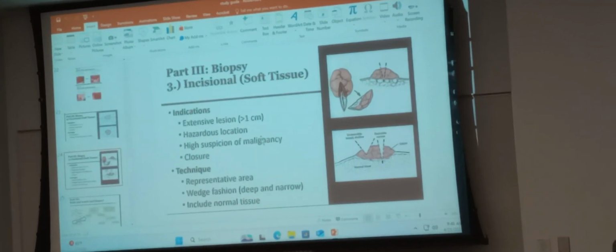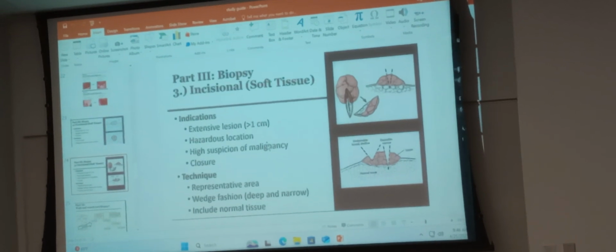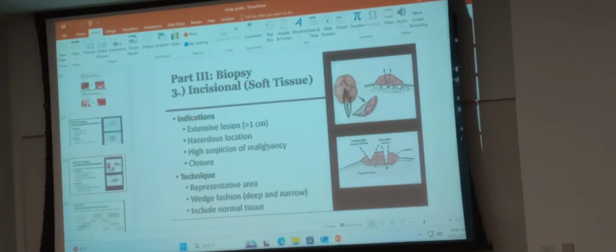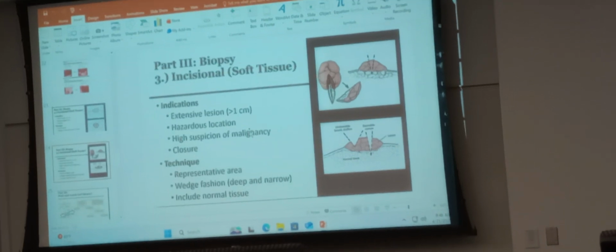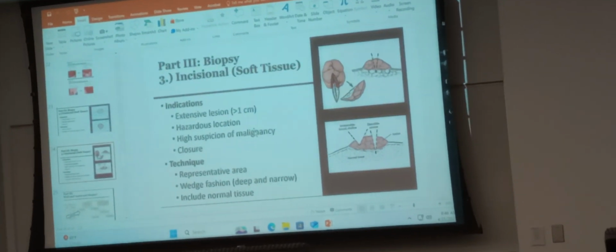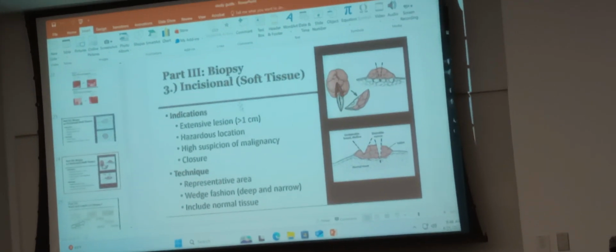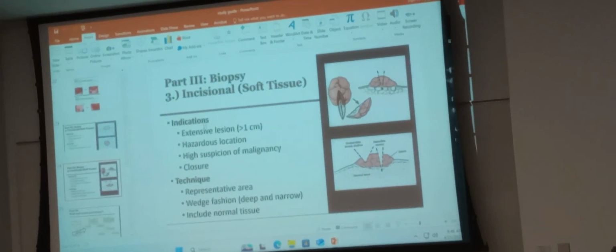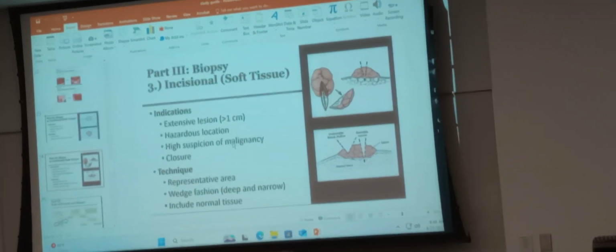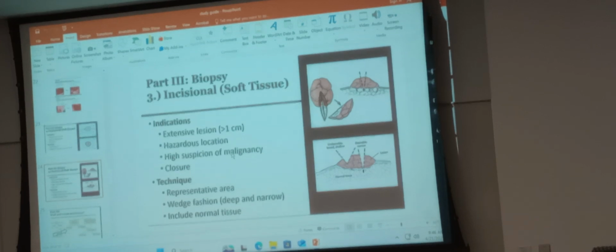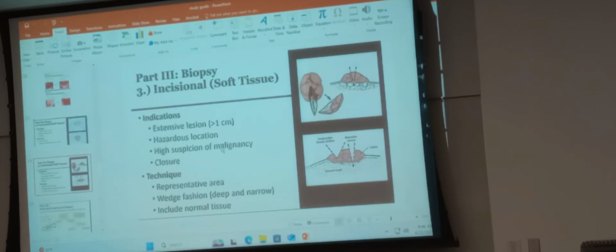If you eradicate it and they just see some big scar there, the staging of their cancer could change. So it's really important. You just want to get a good sample of that. That's the big thing to know as far as incisional biopsy. Even something less than a centimeter might be concerning for malignancy. So just make sure you understand that concept.